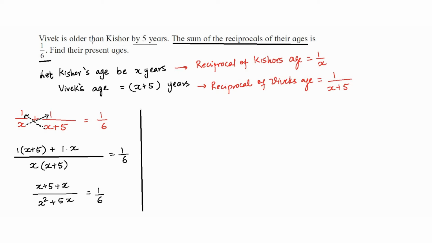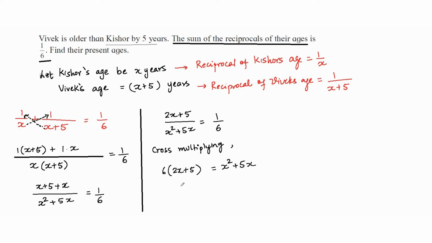Now, of course, I can cross multiply. This is basically an equation where I can cross multiply. So this becomes 2x plus 5 divided by x square plus 5x is equal to 1 by 6. Cross multiplying, what I now get is 6 times 2x plus 5 is equal to x square plus 5x.